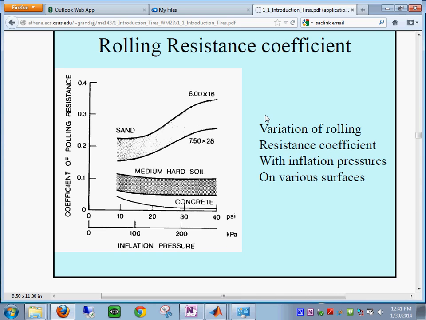Sand will produce a higher coefficient of friction. So you could see how the inflation pressure matters, and then you have the comparison for sand or medium hard soil or concrete.